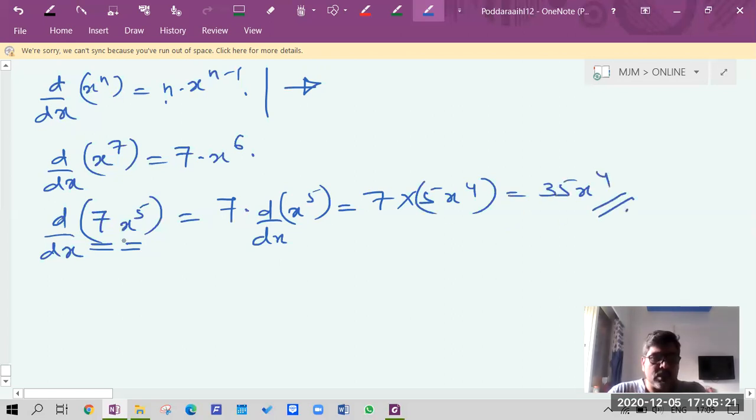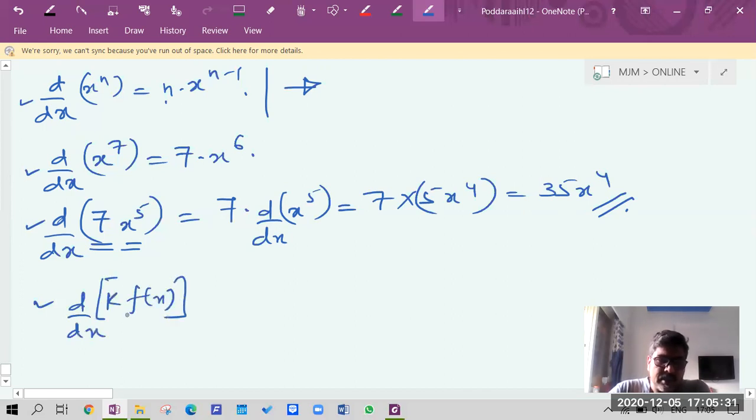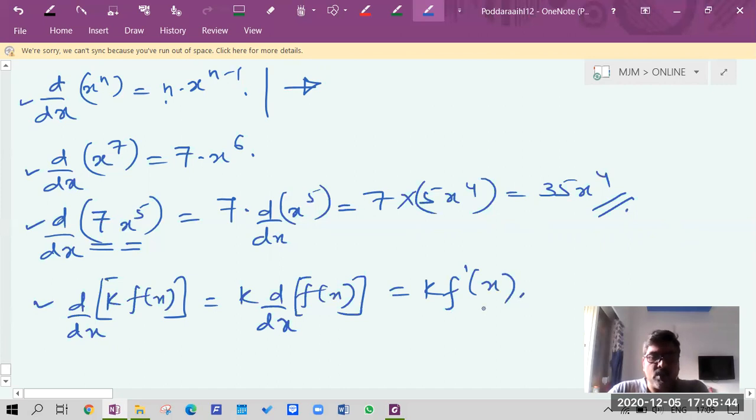Is that clearly understood? So that is a basic thing which we say: derivative of constant into f of x is constant aside and then you differentiate f of x. Now this derivative of k into f of x can also be written as k into f dash of x. One more way of writing it.